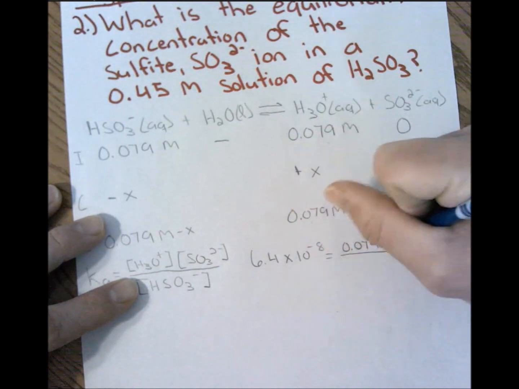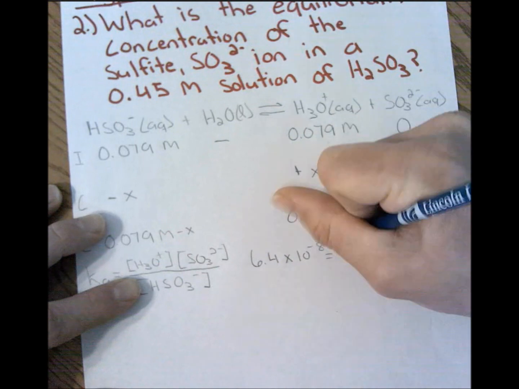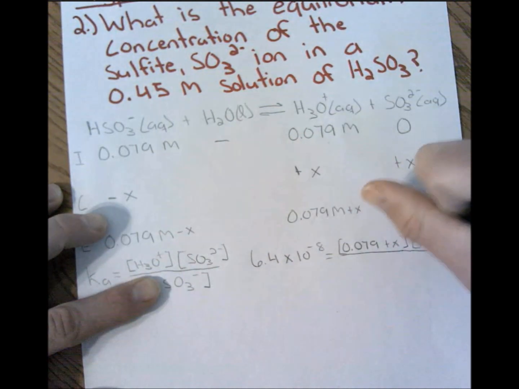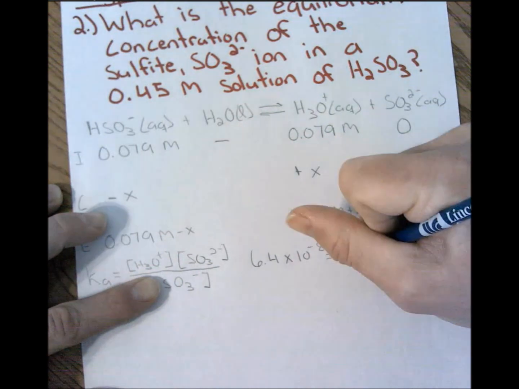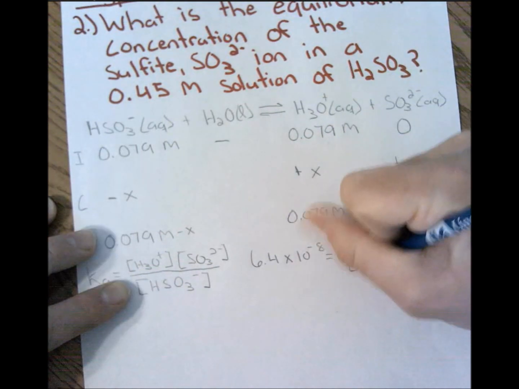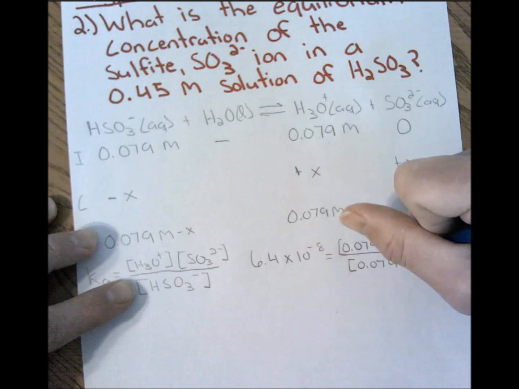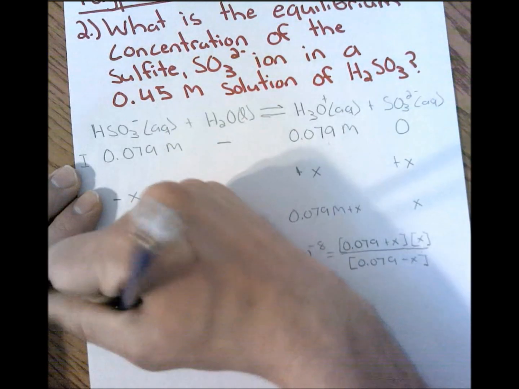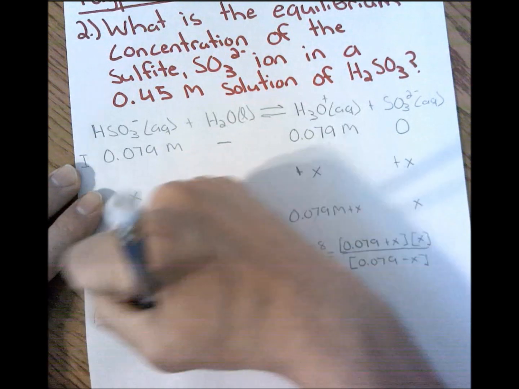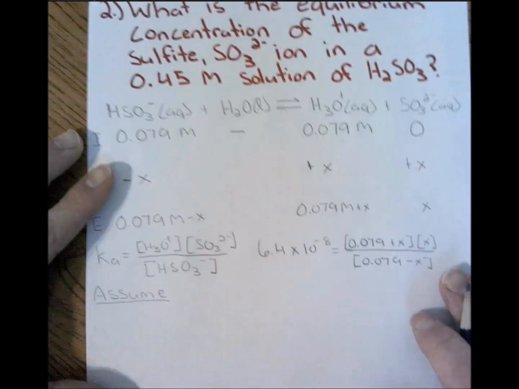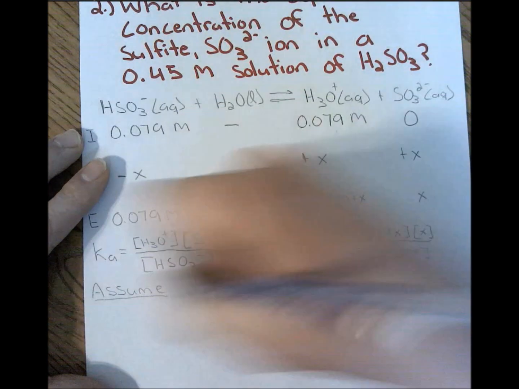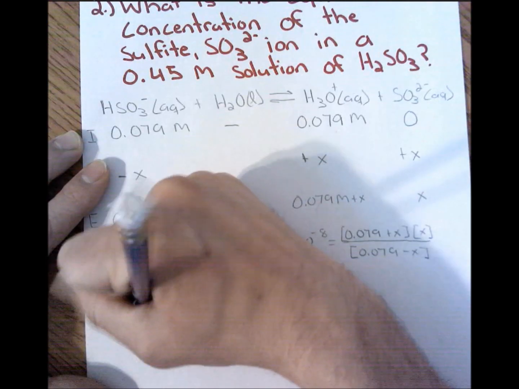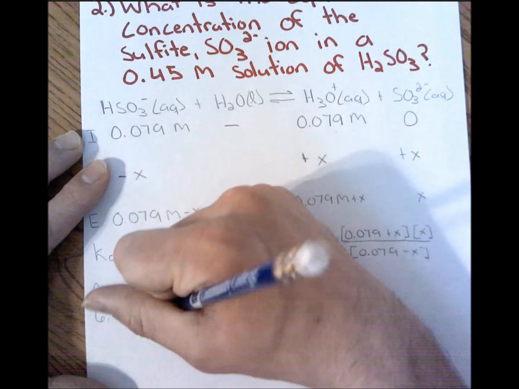0.079 minus X. Now, we want to use this assumption. Let's see if this assumption will hold true. Our Ka, 6.4 times 10 to the negative 8th, has to be multiplied by 100, and it has to be less than our original concentration of HSO3, 0.079.